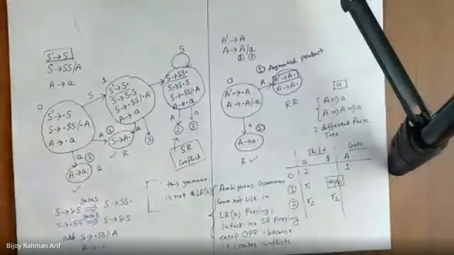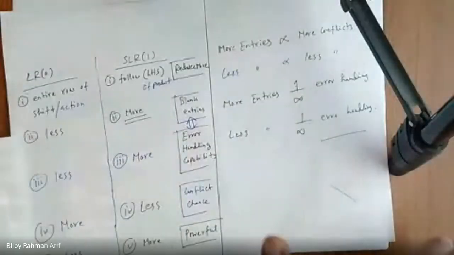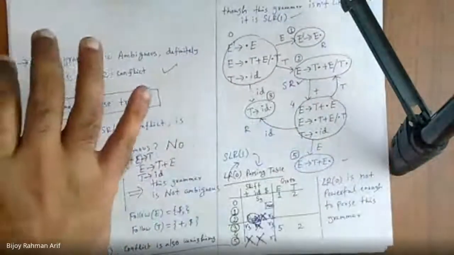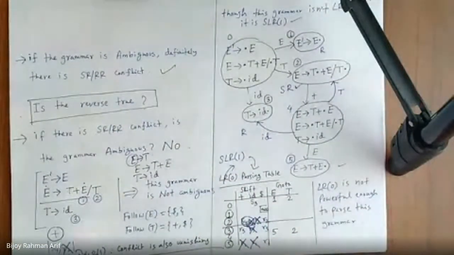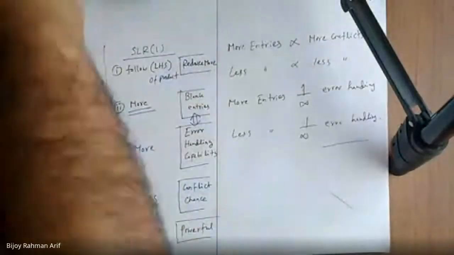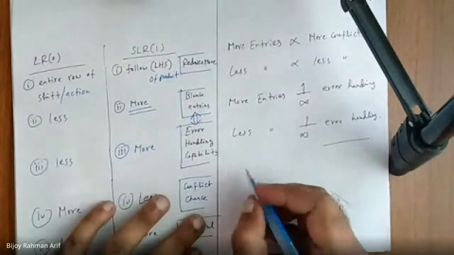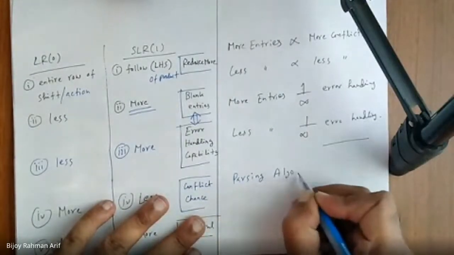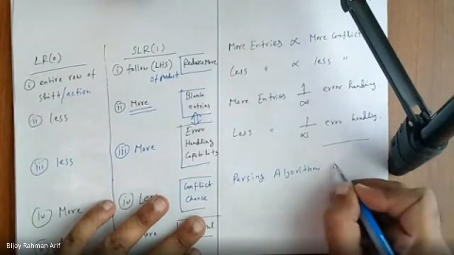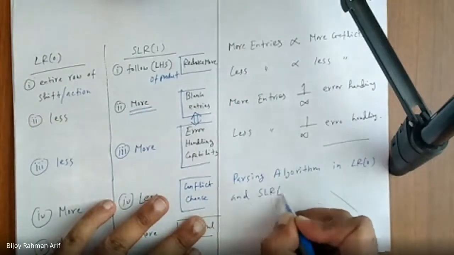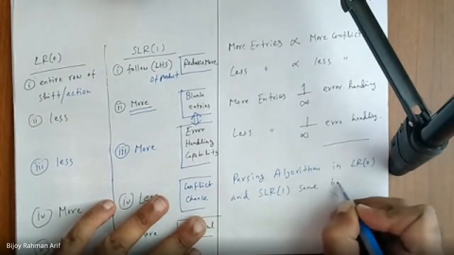So let's try to parse a string. The parsing mechanism is absolutely the same. There is no difference in parsing mechanism. The way you parse in LR(0) is the way you parse in SLR(1). So what is the catch? The parsing algorithm in LR(0) and SLR(1) is the same, but the table is different.